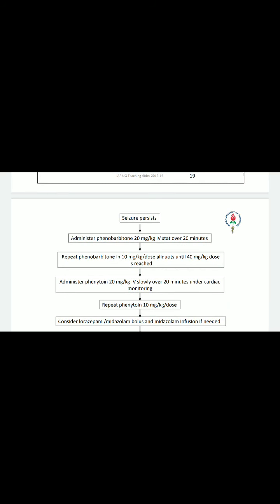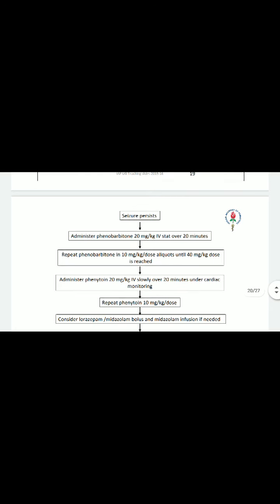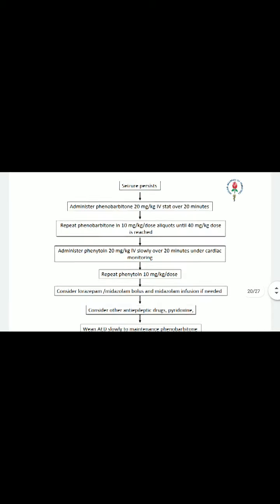Even when hypoglycemia and hypocalcemia are not there, or even after correcting those things, if the seizure continues, then we have to arrest the seizure by giving phenobarbital as the first line drug. 20 milligram per kg IV, start over 20 minutes, and you can repeat another 2 times 10 milligram per kg per dose till you reach 40 milligram per kg.